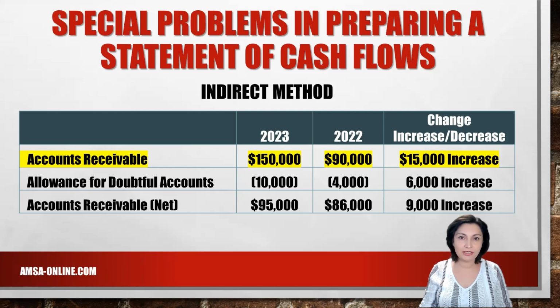The increase is $15,000. The allowance for doubtful accounts increased by $6,000, from $4,000 in 2022 to $10,000 in 2023. Remember that these are credit balances. The net accounts receivable increased by $9,000, from $86,000 in 2022 to $95,000 in 2023.